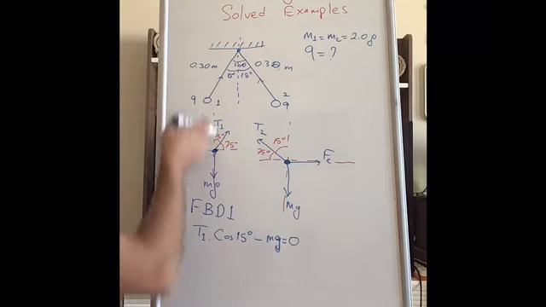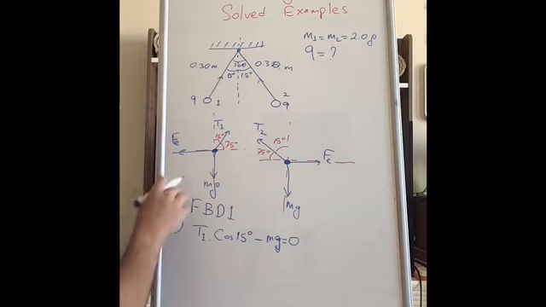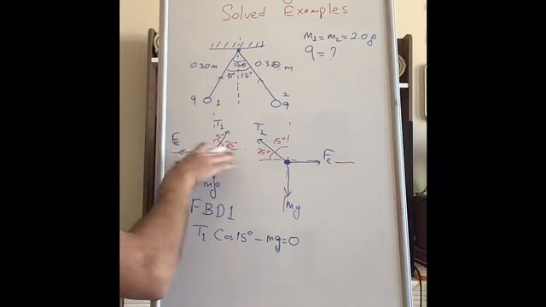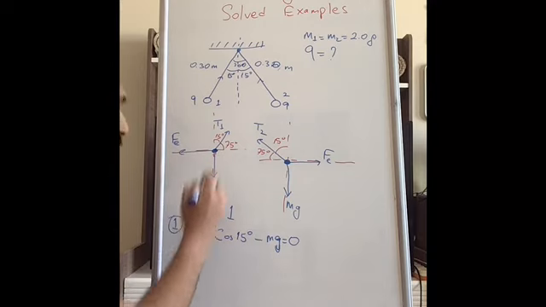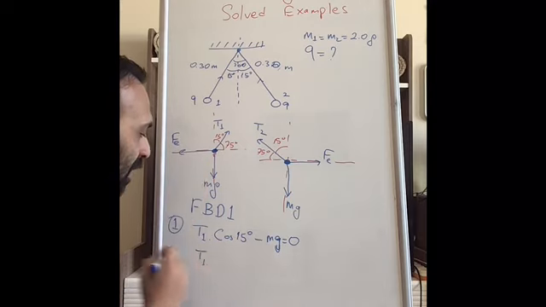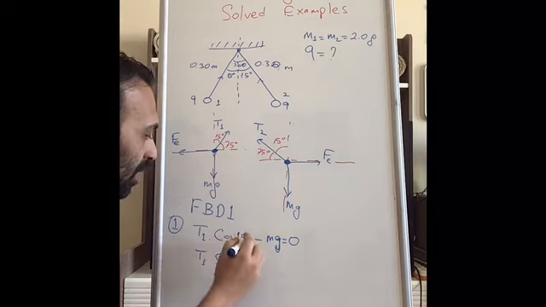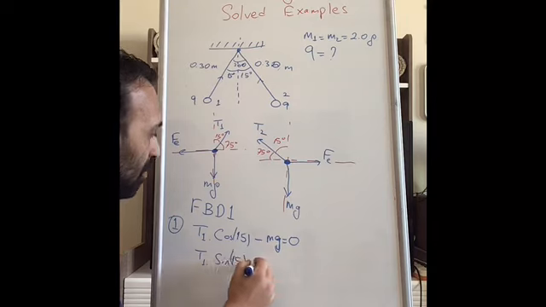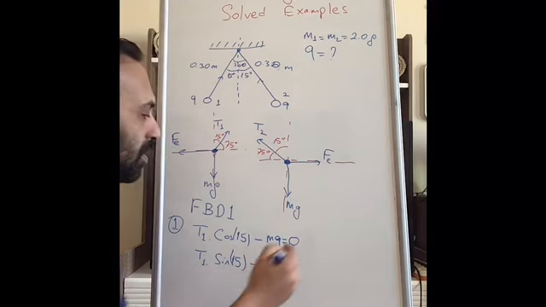Why minus mg? Because it is downward and mg is its magnitude. The second equation: the horizontal components of the total force should also be 0, so horizontally we have T1 times sine 15 or cosine 75 minus Fe, the electric force, equals 0.